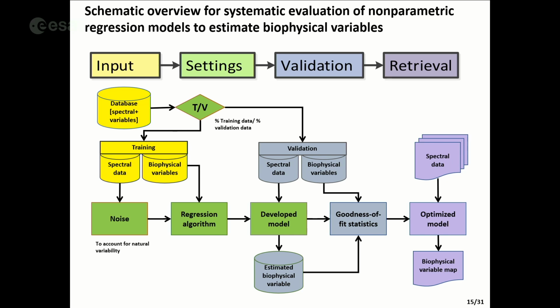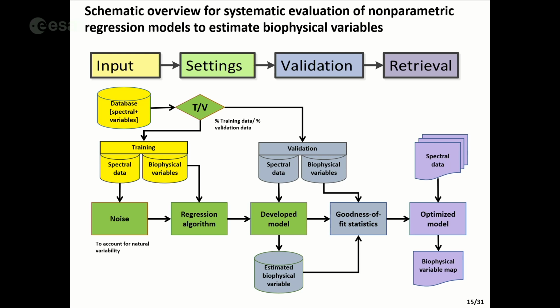If we are happy with it, we apply it to an image, so retrieval. This can be broken down: of the input data we keep one part apart for training, and the other part we use for validation. So this is the training part, the validation part. In case we use simulated data, what we typically do is add a little bit of noise, because simulated data is so smooth that it's actually too perfect for applying to a real image.